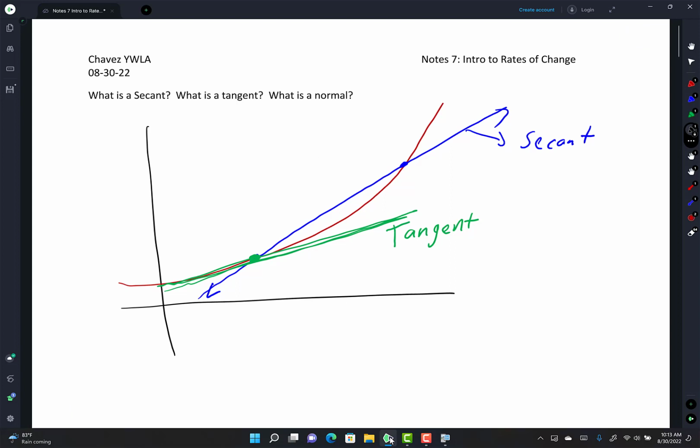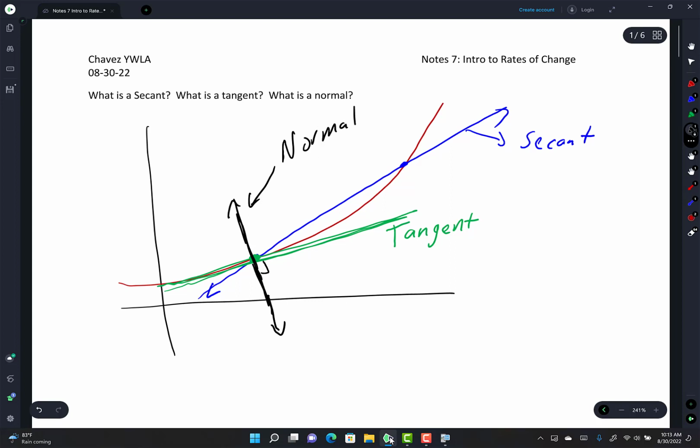I didn't do it perfect, but that's fine. The normal is perpendicular to the tangent, so it should be looking 90 degrees, but it doesn't. And the tangent should be going through one of the points of the red curve, but it doesn't look like it at all.